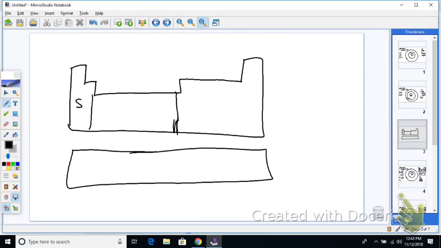Then if you count across these, they go 1, 2, 3, 4, 5, 6. This is the p's, right? And in here, going across, I'm not going to draw them all out, but how many do you have? 10.